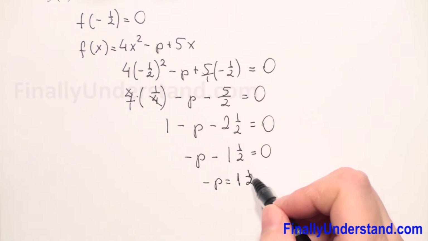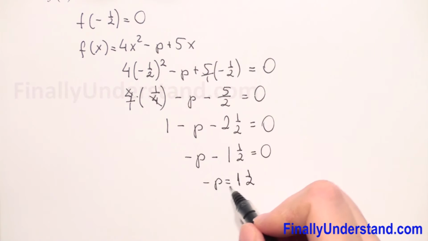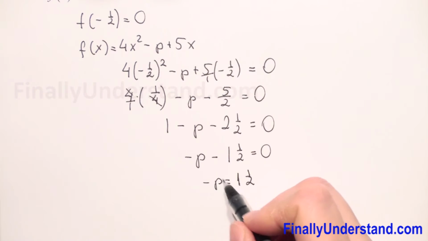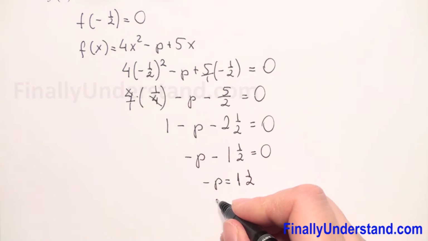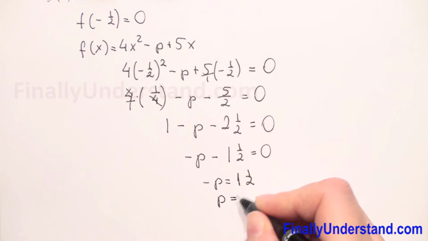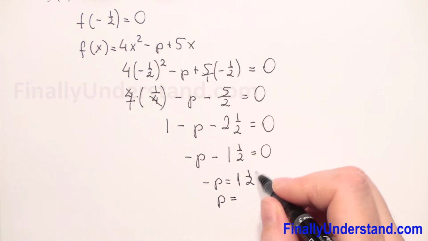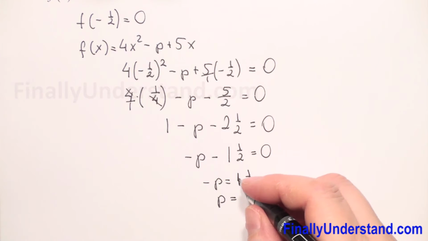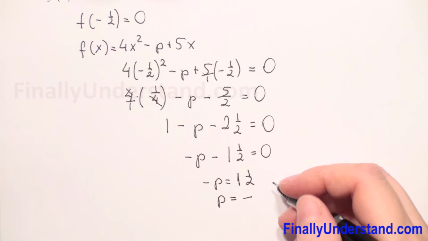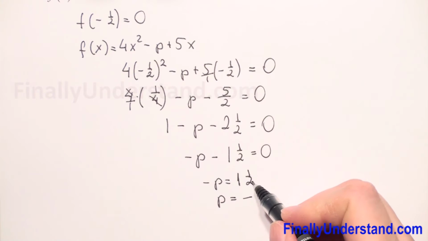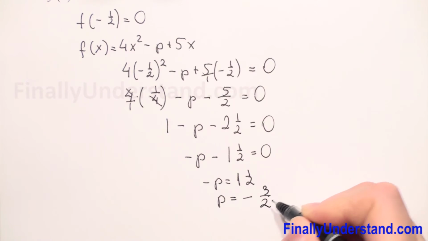I will multiply both sides by negative 1 because I need to calculate p. So p is equal to, I will change this to an improper fraction, 1 and 1/2 times negative 1 will be negative, 2 times 1 is 2 plus 1 is 3 over 2.